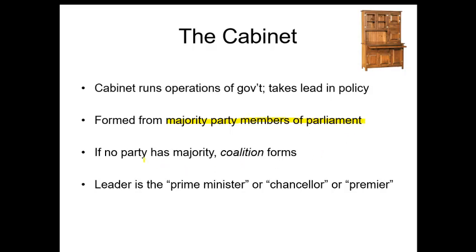And as we already talked about, if no party has a majority, then a coalition forms that would maintain the majority control of that parliament. And the leader of this coalition is called the prime minister, such as in some of these cases that we've already talked about, or chancellor in some systems, or premier in other systems. But they are the heads of the government because of the fact that their party was elected control of the parliament.